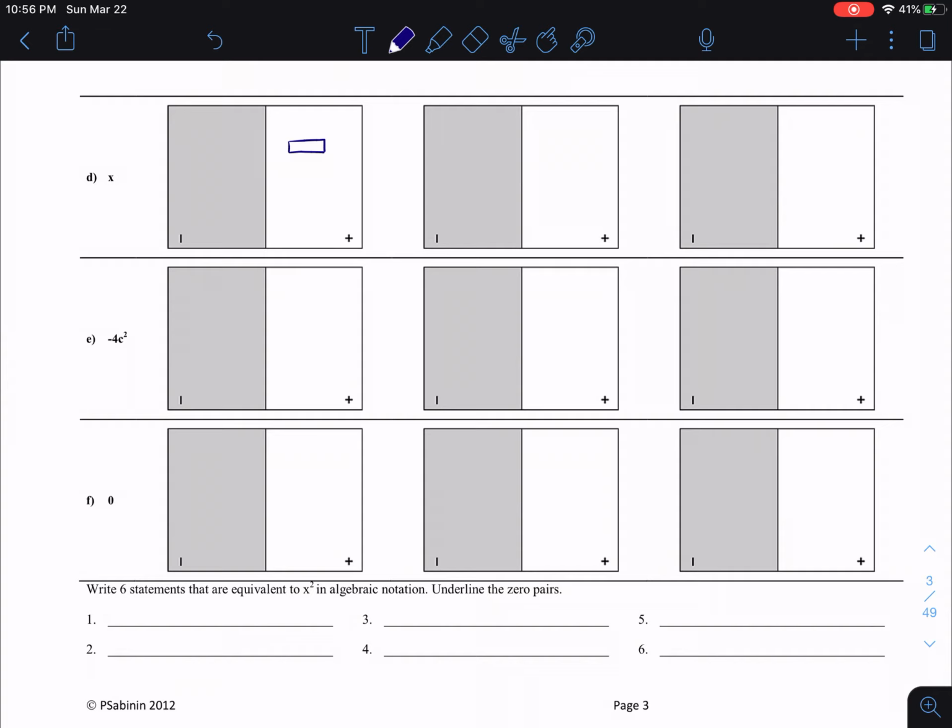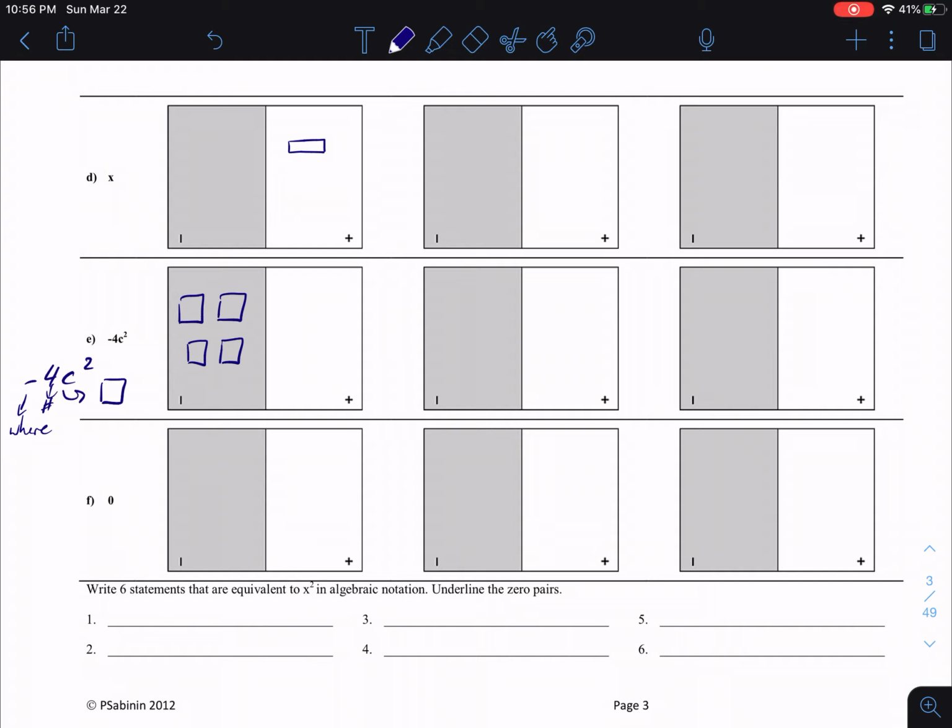Now -4c squared, this means it's going to be a square. This means there will be 4 of them, right? Let me actually write the number, and this means where. So where is in the negative. So there will be 4 squares in the negative.